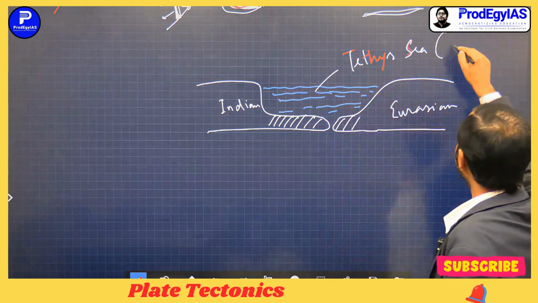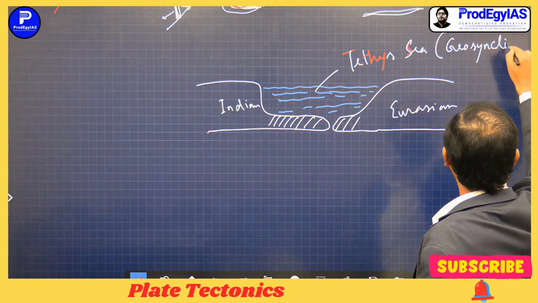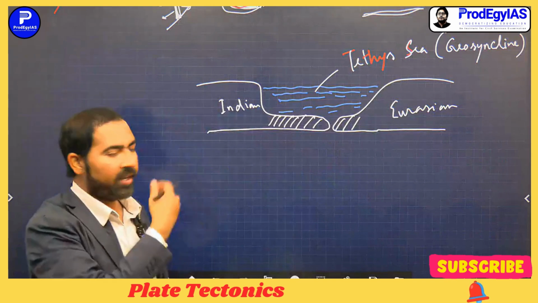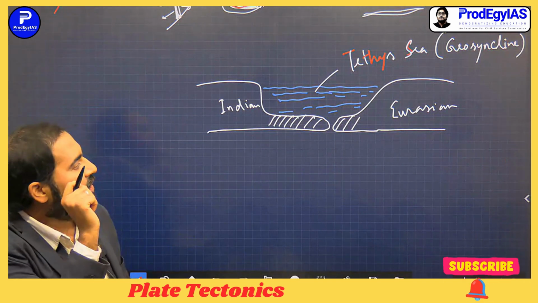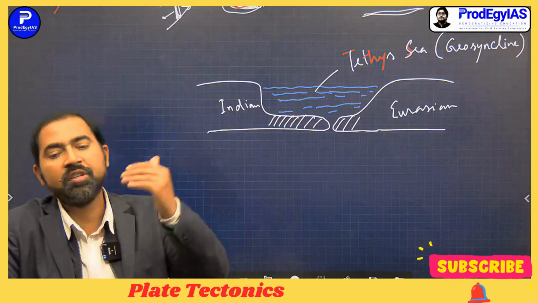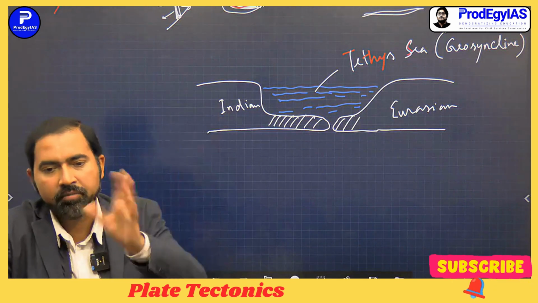In geography, it is technically called a geosyncline. And this is known as the geosynclinal theory of fold mountain origin. Means where there are fold mountains, previously there was a geosyncline in all the fold mountains, either they are Rockies, Andes, or Himalayas.